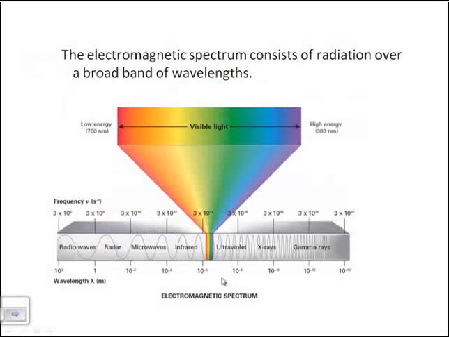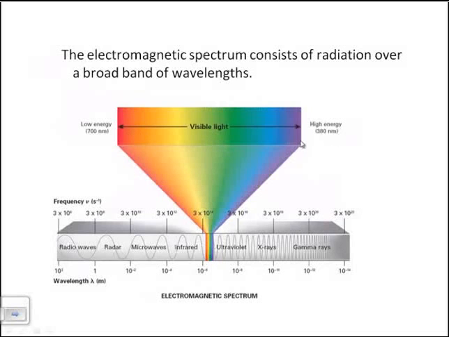Okay, so there's a lot of different types of electromagnetic radiation or light, and the part of the spectrum that we can see is very, very narrow. It's called visible light, and it's just this small range from 700 nanometers to 380 nanometers. This is what's called visible light.